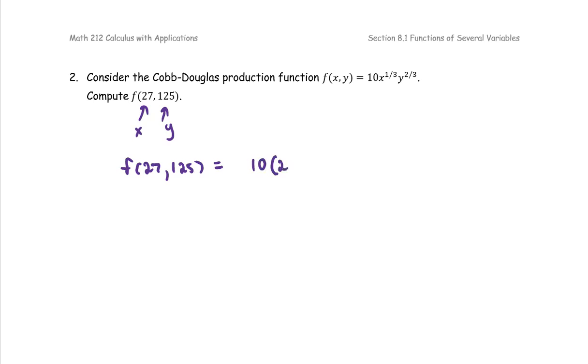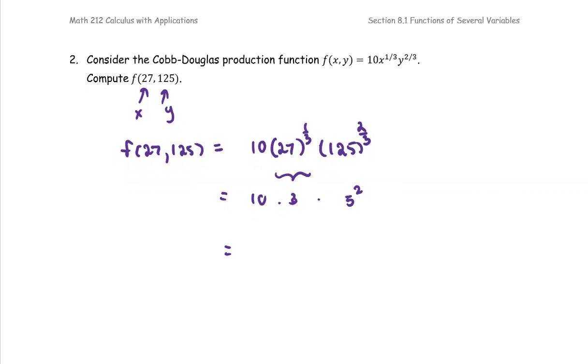The x is 27 to the power 1/3 and the y is 125 to the power 2/3. And then simplify. The cube root of 27 is 3, and the cube root of 125 is 5, so this becomes 5 squared. What we have is 10 times 3, that's 30, multiplied by 25. That comes out to be 750.